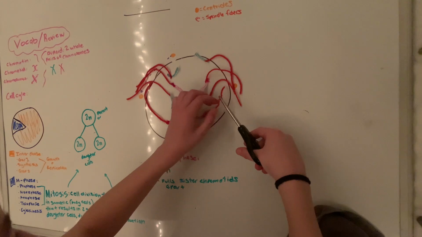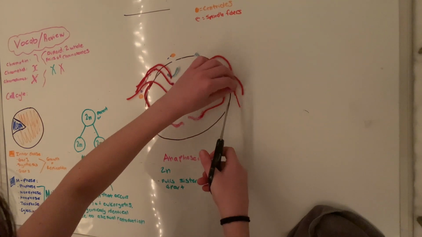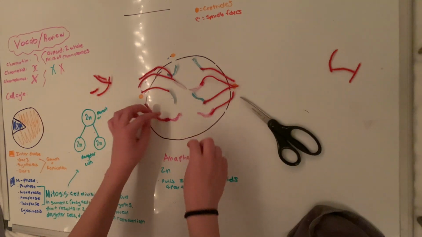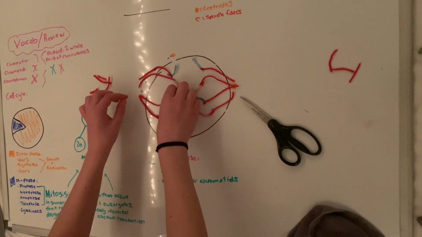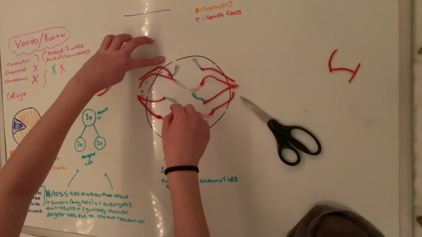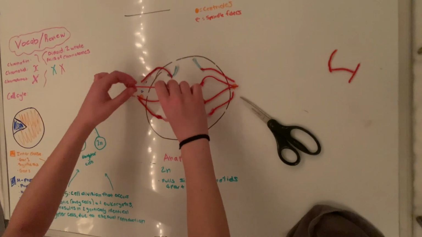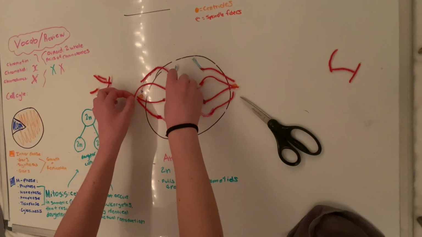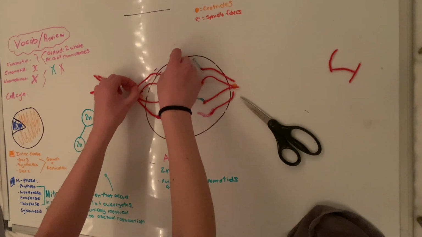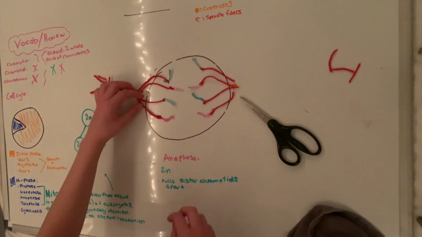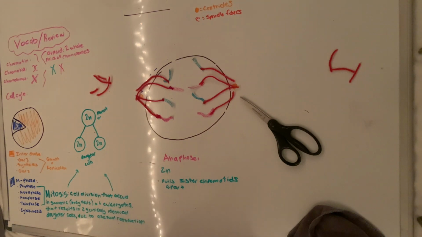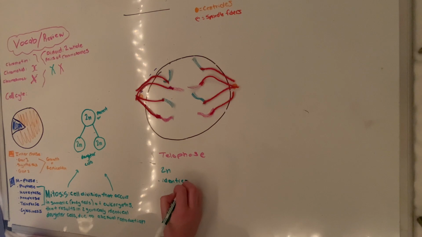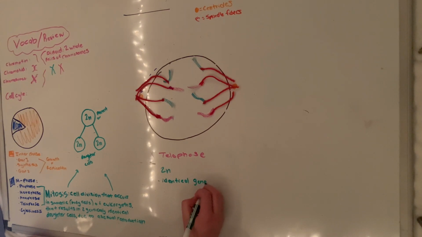So these pull apart, and to adjust, the spindle fibers essentially shorten so that there's less connection between the two parts of chromosomes. So again, we went from 4N to 2N. So they're still close to the middle, but now they are very much separated. And our next phase is telophase.